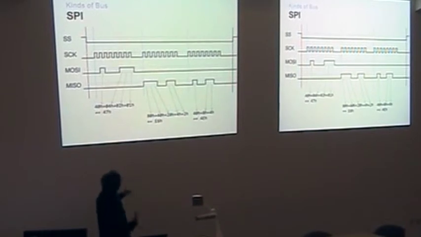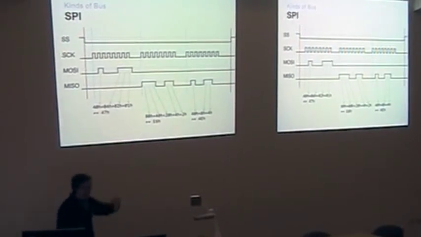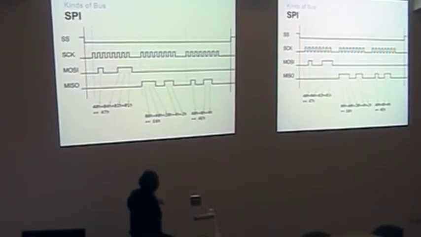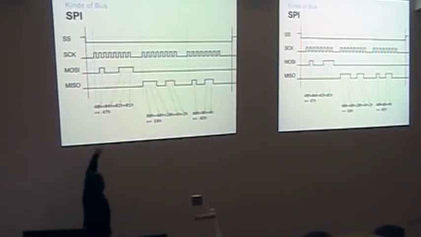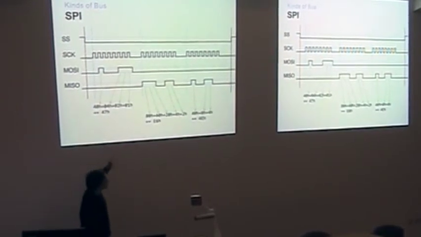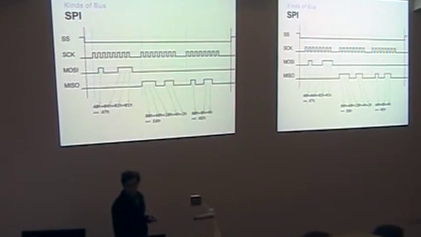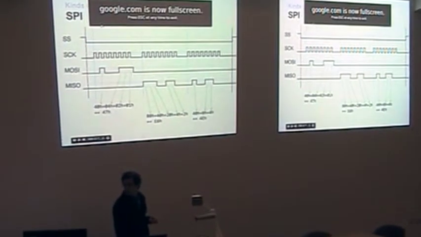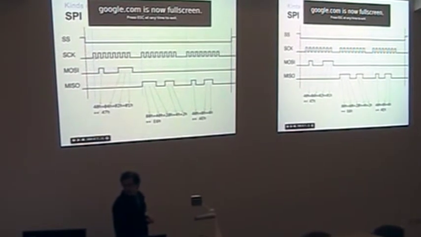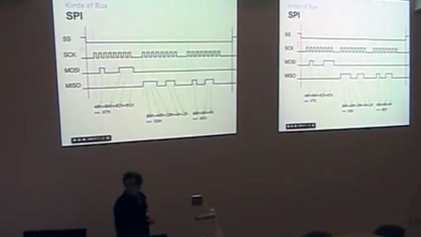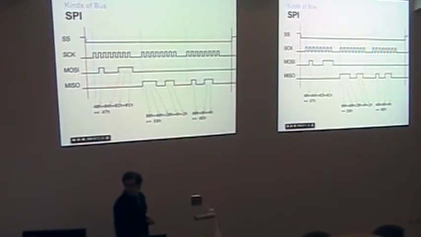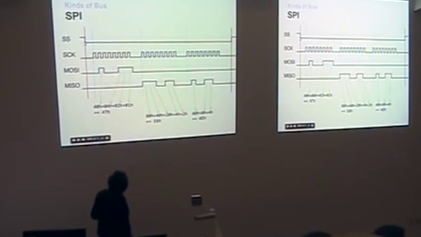You don't particularly have to understand all of the detail in here, but I spent ages drawing this pretty diagram, so I'm going to explain it anyway. As I said, it's called a synchronous protocol. So we have this clock line, and what we're saying is we set the SS line, the slave select line.